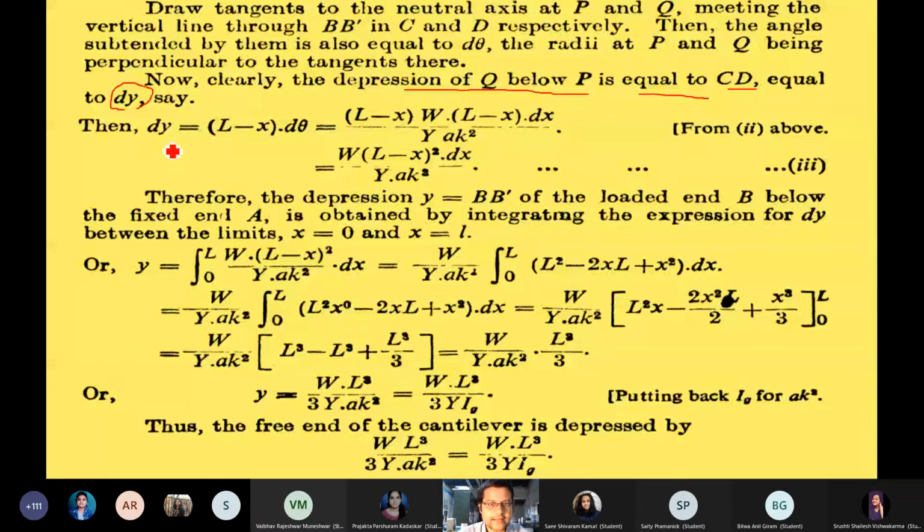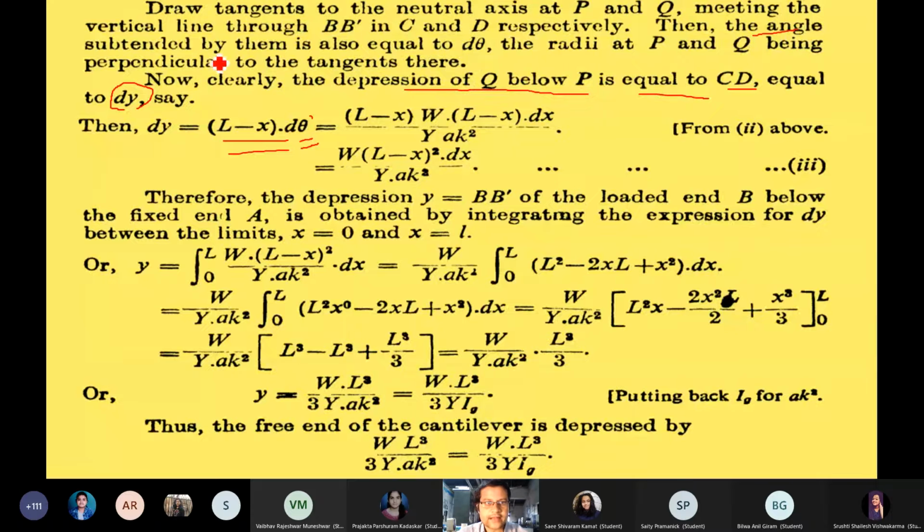Therefore what is that dy? Dy should be how much the length over there that depression produces, and how much angle it is subtended. So L minus x into d theta will be the depression produced. Why are we writing this equation?